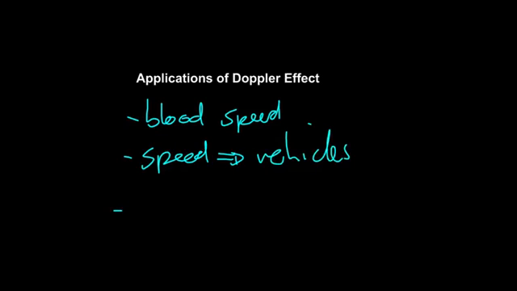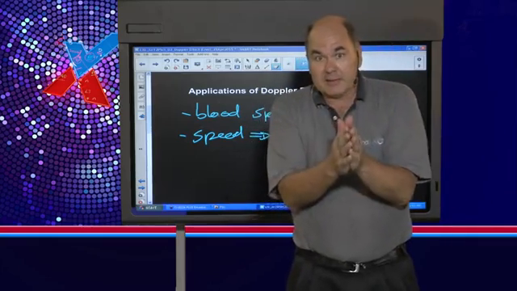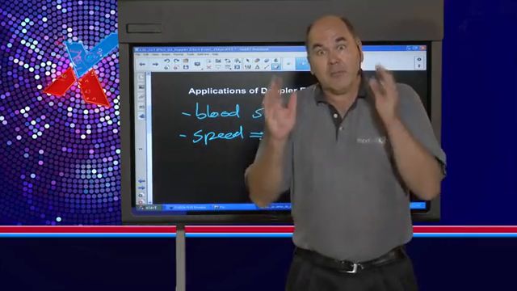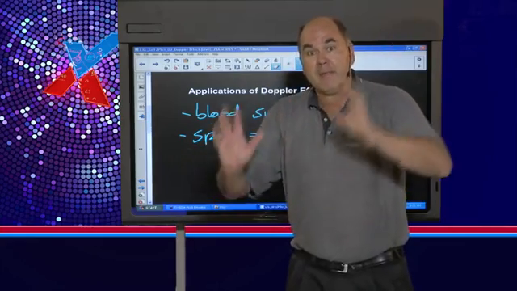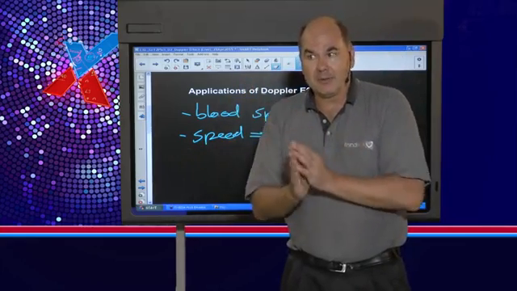And the last thing is that dentists love to use it to clean your teeth. Those are all ultrasound and Doppler. Sorry, that's not Doppler, that's just an ultrasound thing. So there are applications of the Doppler effect. Guys, check the notes out, get the book, because this is all information that you will miss if you don't get the book.